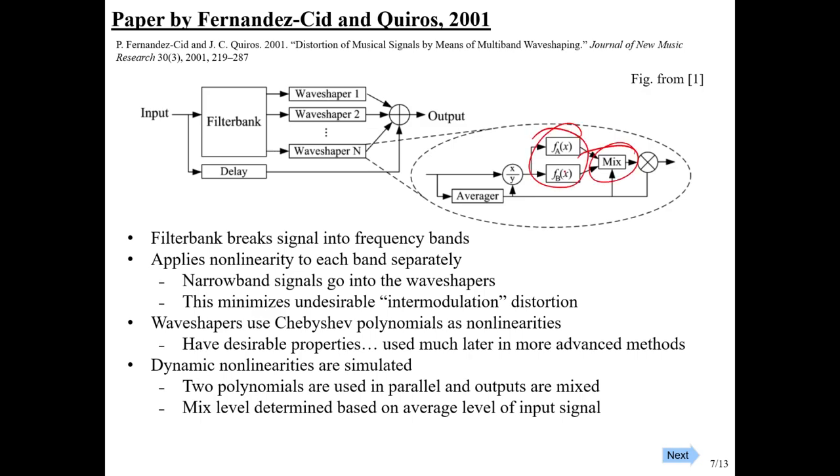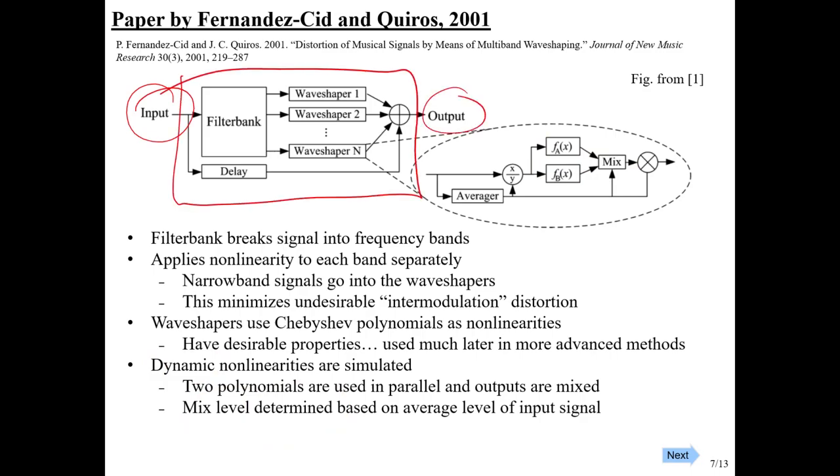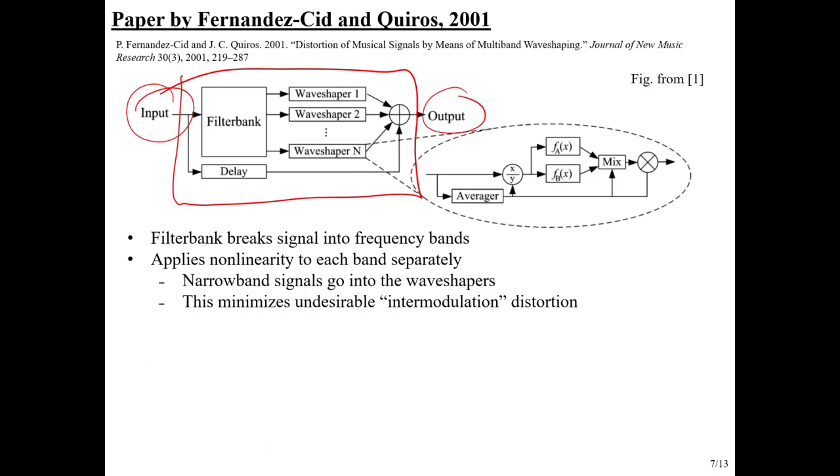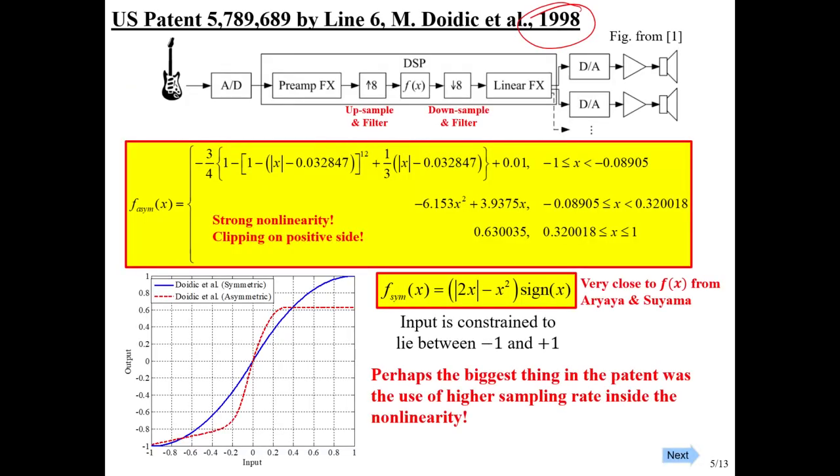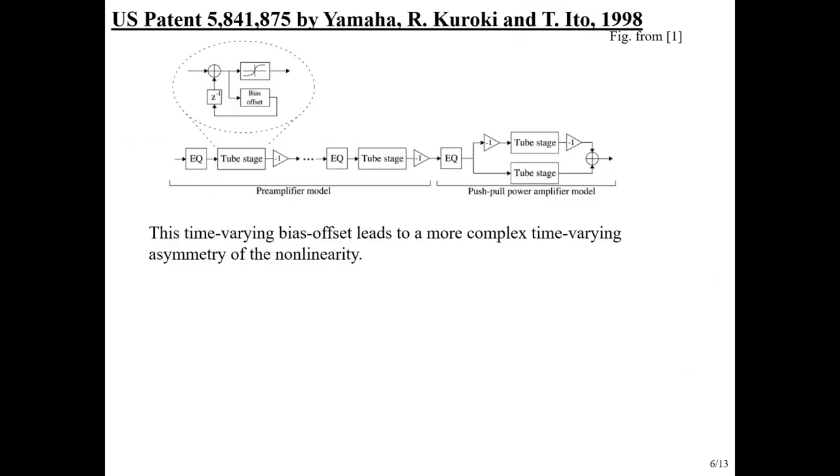The outputs are mixed, and there's some sort of dynamic mix level determined by the average level of the input signal. So moving forward, and again, this idea, they're just showing input to output, but this part here can be sandwiched in, right? We could go back to this Yamaha one.